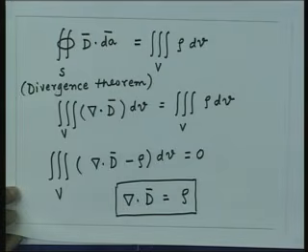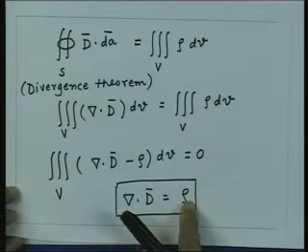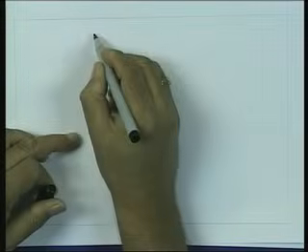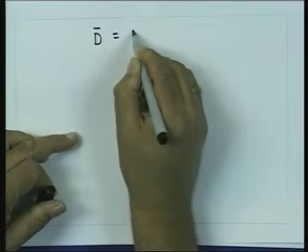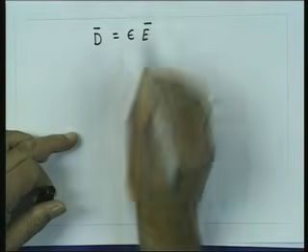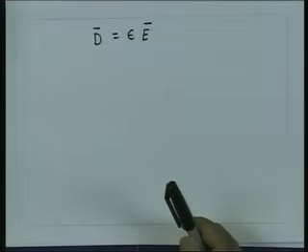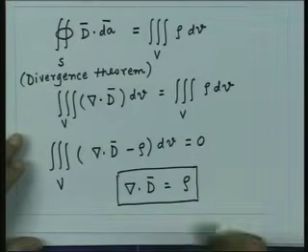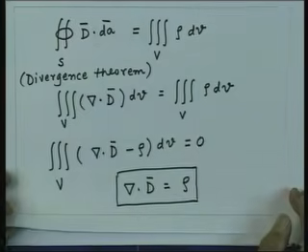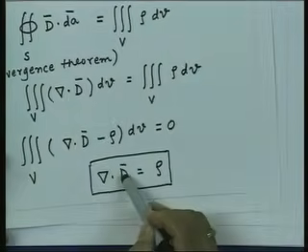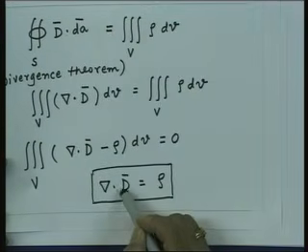Now, this law in general is true. So, the divergence of the displacement vector is the volume charge density. However, we have seen the displacement vector is related to the electric field. So, we have the relationship D is equal to epsilon times the electric field. If we assume that the medium is homogeneous, that means epsilon is not a function of space, then I can substitute for D into this, and epsilon can be taken out.